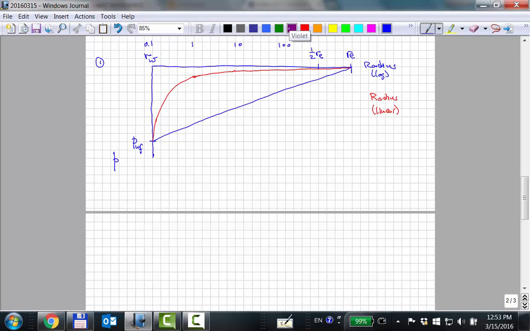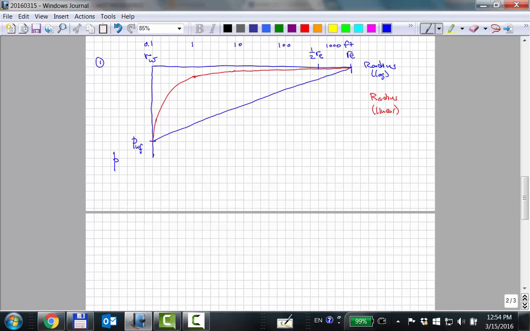So the half of the RE is way out here. This is meters. I apologize for mixing, or maybe this is feet. So we're now out at 1,000 feet, something like that. On the log scale, what you'll find is that it's probably even further out to the right than what I've shown.